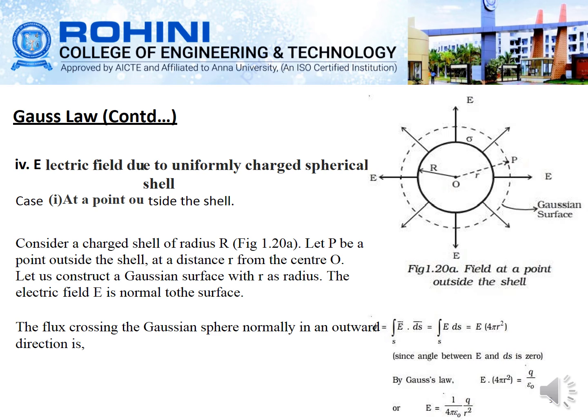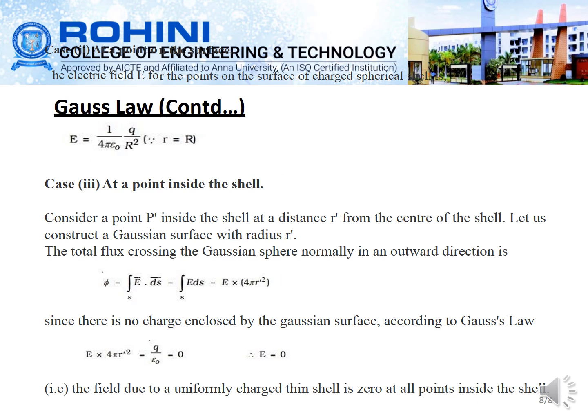So we can write the integral of E dot ds is equal to E times the Gaussian surface area, 4 pi r square. Integrating, by Gauss law we get the electric field is equal to 1 divided by 4 pi epsilon naught into Q by r square.